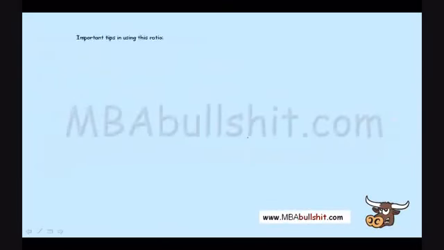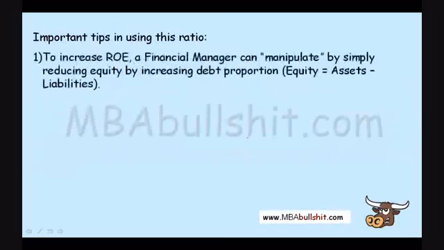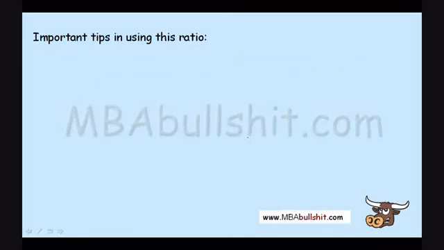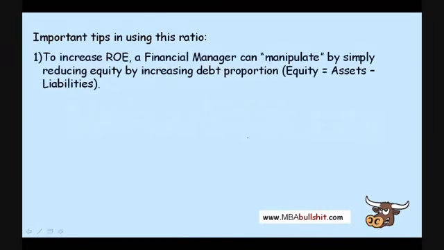Now, I'd like to include some important tips when using this ratio. First tip to remember, now this isn't necessarily a tip on what to do. It's a tip on what to think about when you're using this ratio. Take note that to increase ROE, return on equity, a financial manager can manipulate the books to get a higher ROE.